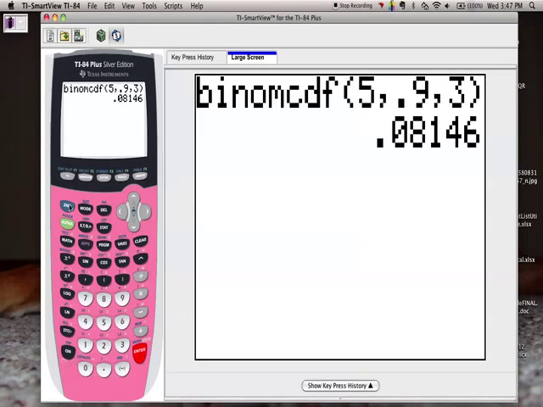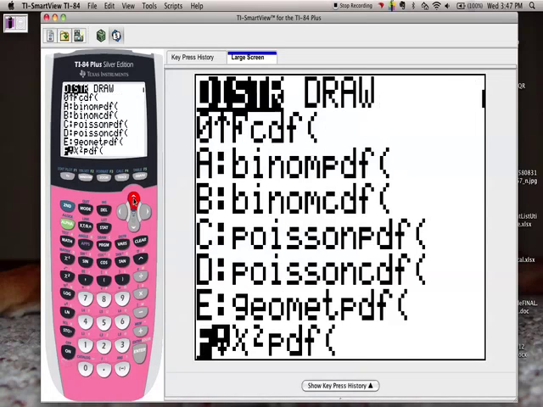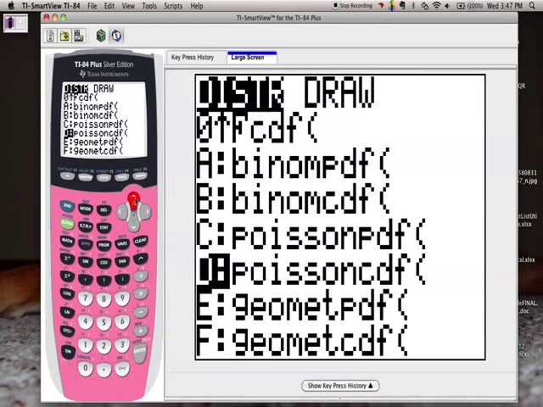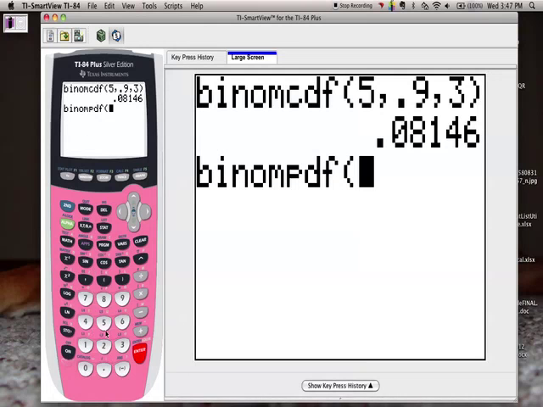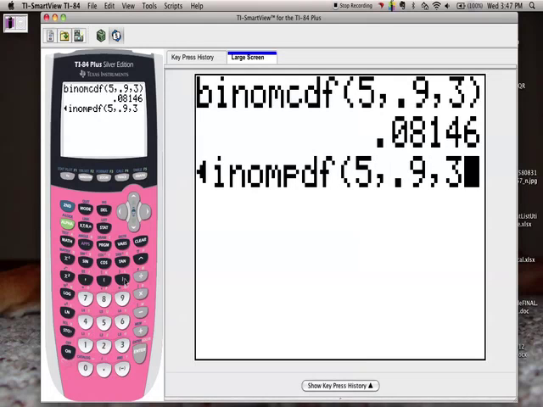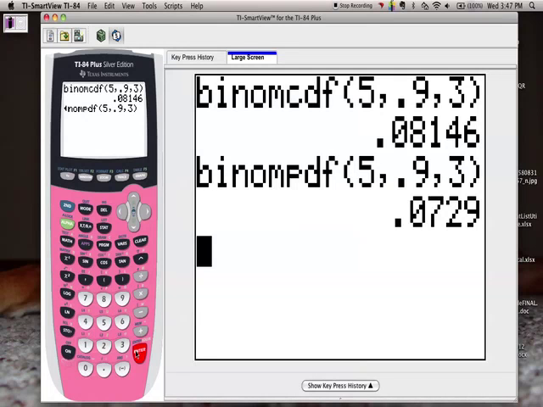If I wanted the probability that we hit exactly 3 times, for that what we're going to do is use the binomial PDF. Five trials, success is still 0.9, and I want exactly 3 successes, 0.0729.